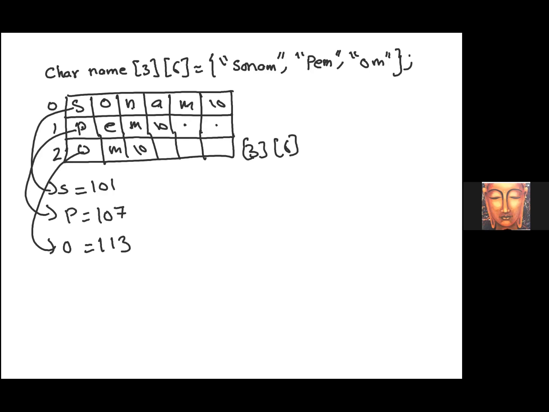So in total, the space taken is 1, 2, 3, 4, 5, 6, 7, 8, 9, 10, 11, 12, 13, 14, 15, 16, 17, 18. So the total memory allocated for this is 18 addresses. So 18 addresses are required to store this 3 by 6 array of type character.